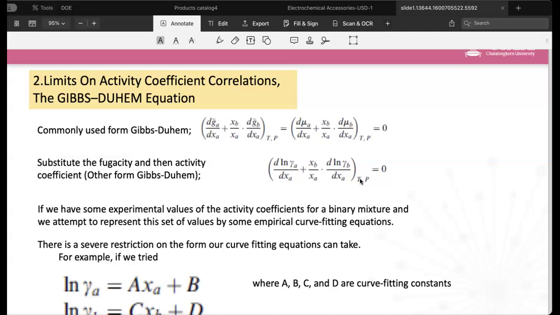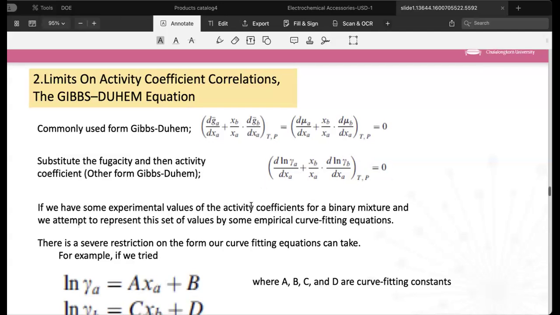But first, remember that gamma A and gamma B are not independent. They must be in agreement with the Gibbs-Duhem equation. That means if you invent a new configuration of a gamma model, it must also follow the Gibbs-Duhem equation.